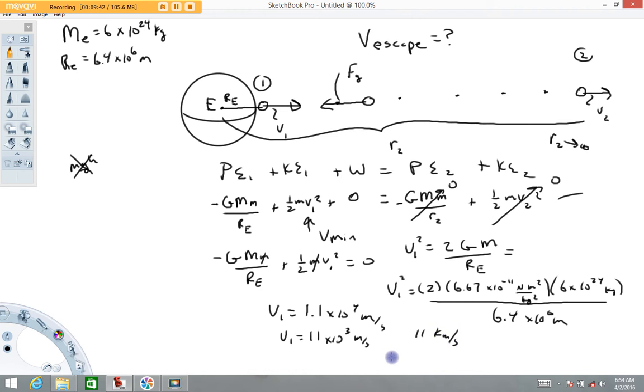I think it comes out to be like 11.1 or something. I'm not concerned about the 0.1. So the V1 here is around 11 kilometers per second, give or take. Now it's pretty fast. A 30-06 fires a bullet at a little less than 1,000 meters per second, or about 1 kilometer per second. So that's about 11 times the speed of a 30-06 round.